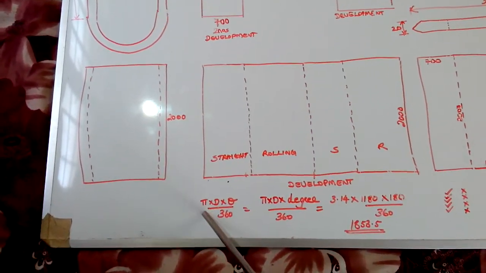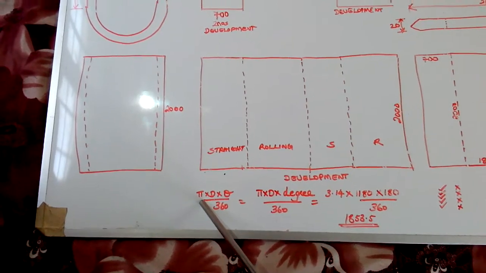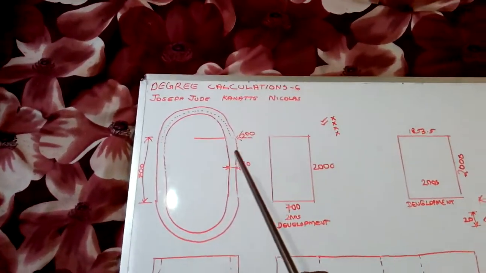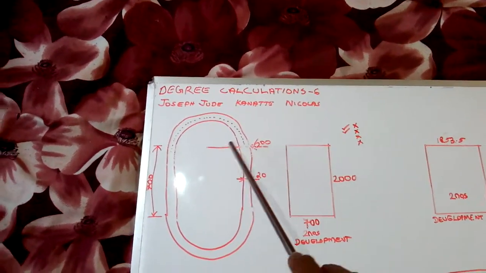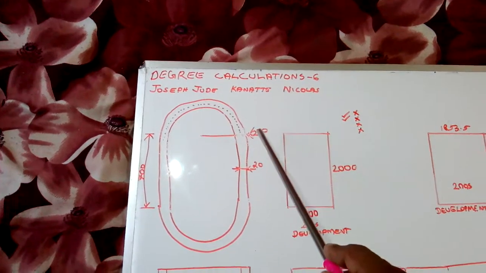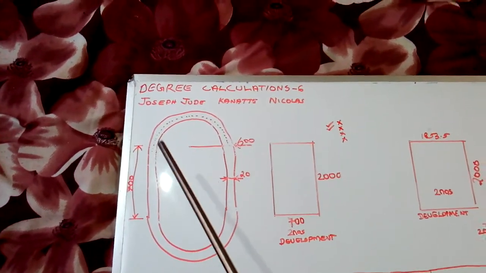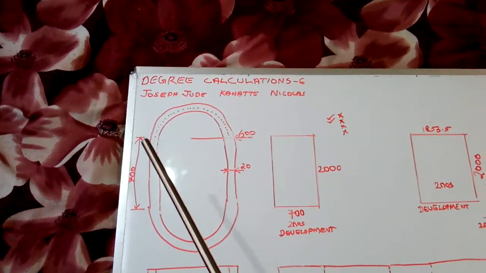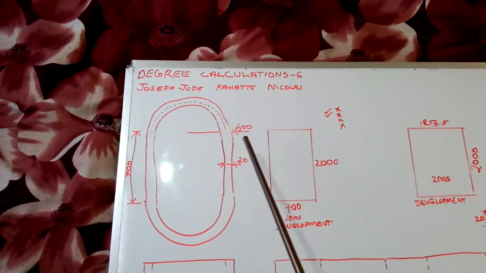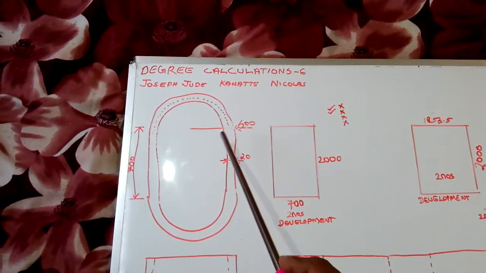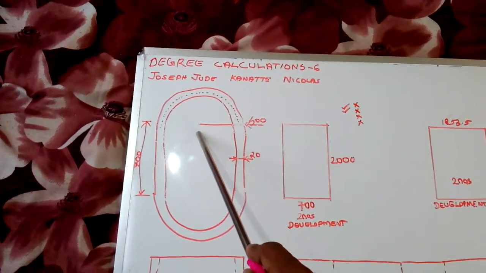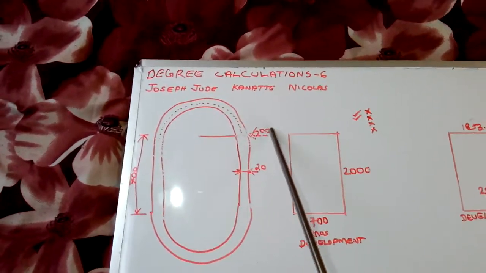What is this pi? Pi is 3.14, you know. What is d? D is diameter. What is the diameter here? Sometimes we may think its diameter is 600 plus 600, which is 1200. But we shouldn't use the diameter 1200 because it is the major diameter. The minor diameter is found by decreasing the 20 mm thickness from 600.